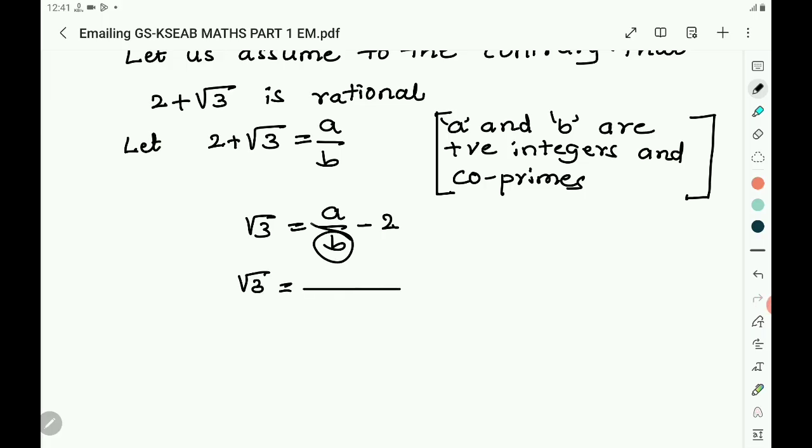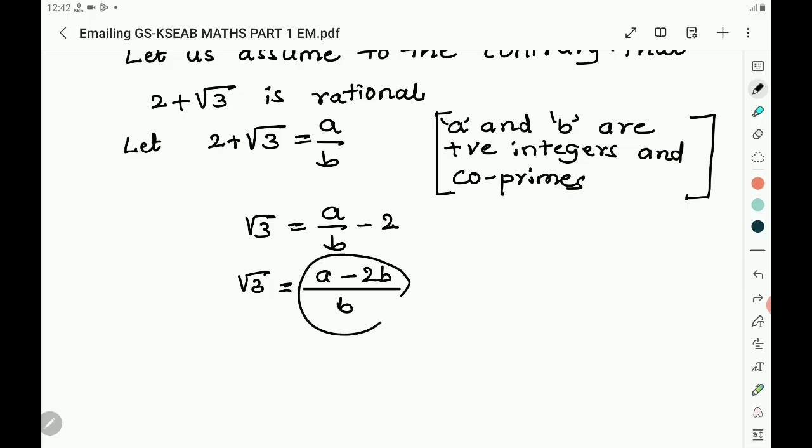The LCM is b. In the numerator, write this a as it is, a minus 2 into b. As the LCM is b, we have to multiply 2 by b, that is 2b. Here you observe a minus 2b by b in the RHS and root 3 is in the LHS.